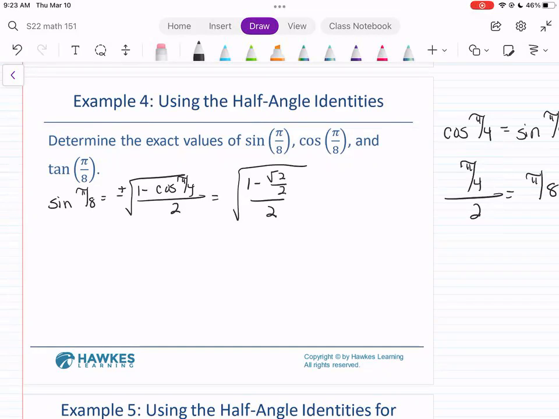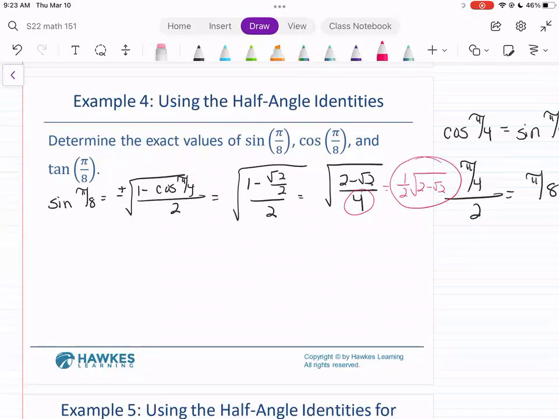Once we find our common denominators and reduce, we get that this is equal to the square root of 2 minus the square root of 2 over 4. We can take the square root of 4, which gives us 1/2 times the square root of 2 minus the square root of 2.